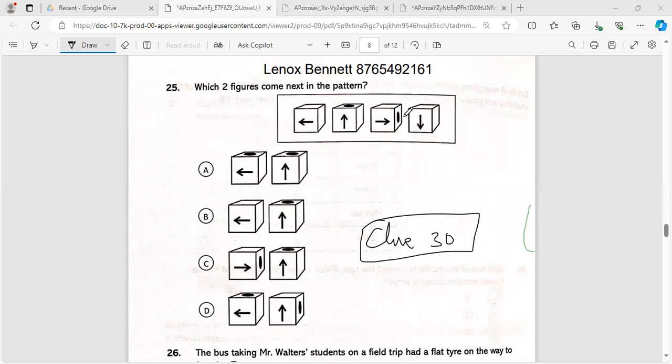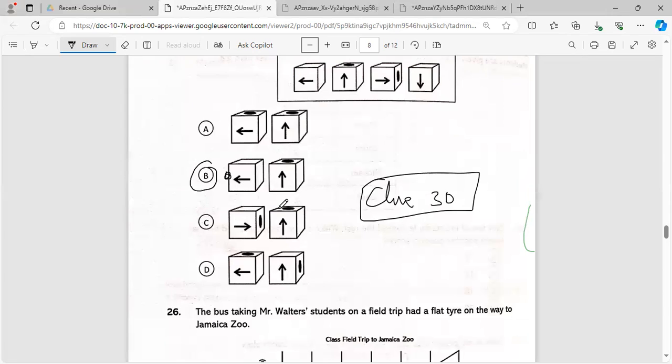So it's B because you can continue it. So the circle would be here, right? Yes, sir. Any direction the arrow is turned, that's where the black dot is turned. So guys, you have to be very observant. Very good. Don't just look at it lightly.